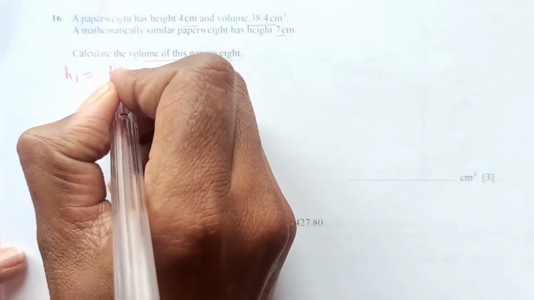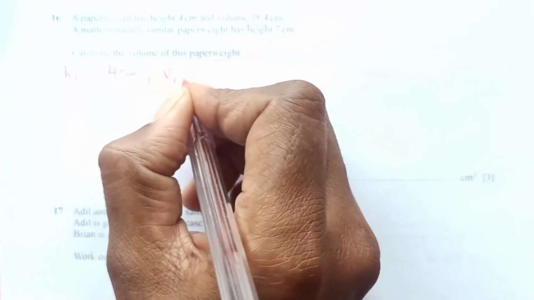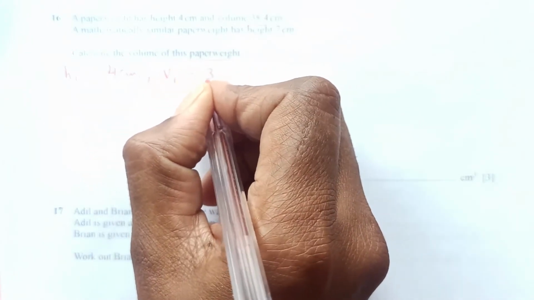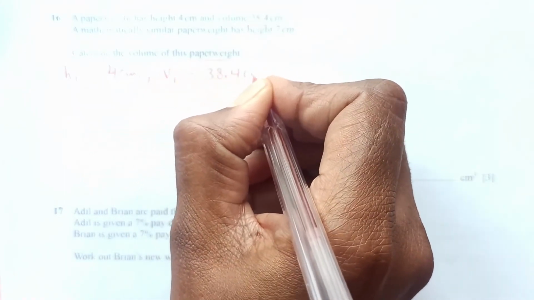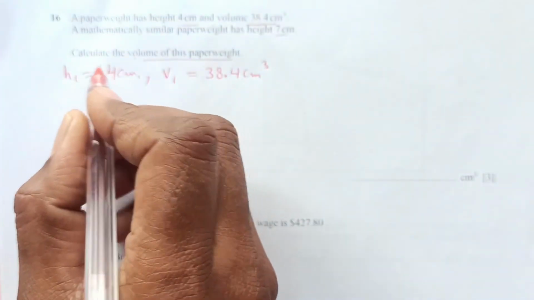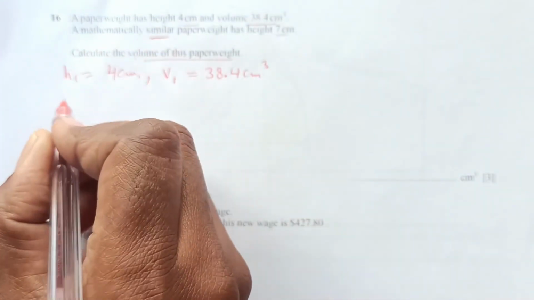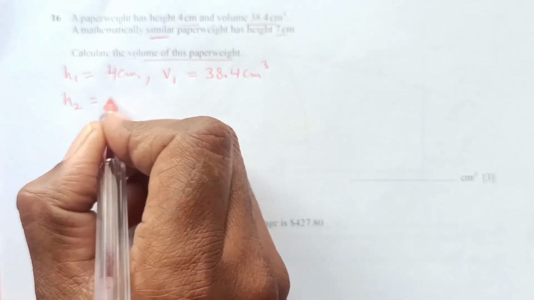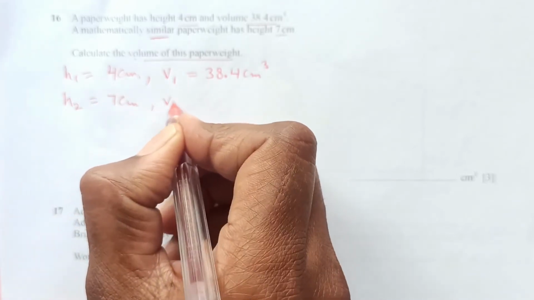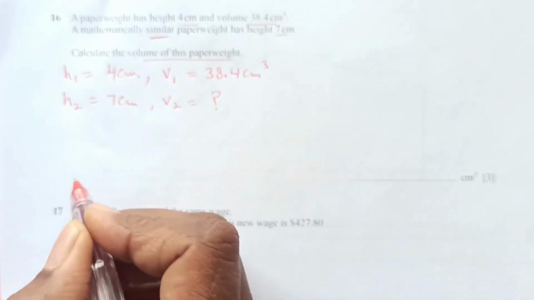So this is height h1, that is 4 centimeter, and I will denote the volume of the same paperweight as V1, which is 38.4 centimeter cubed, right? And they are mathematically similar. So height is 7 centimeter and we are looking for the volume, right?